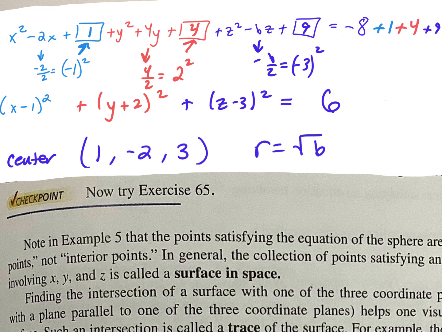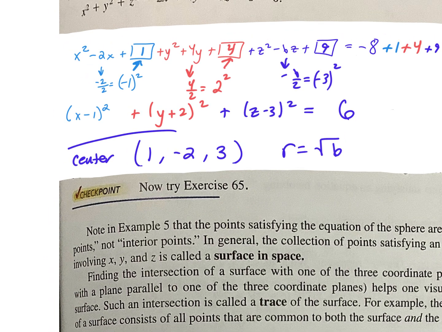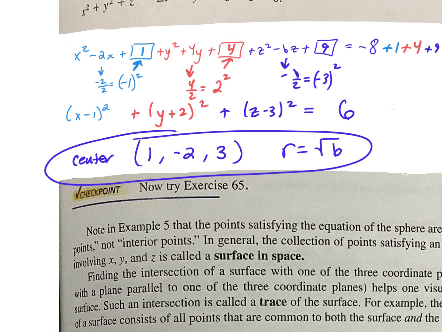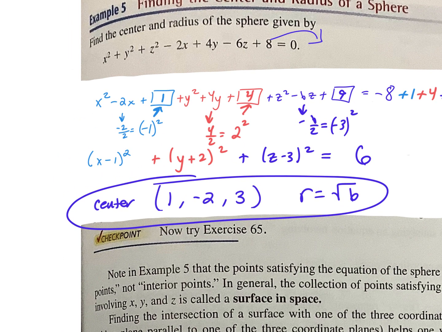The square root of 6. Perfect. So when you do not have your equation of the sphere written in this form, you just have to complete the square. And it's just going to be 3 times. We'll practice a little more.